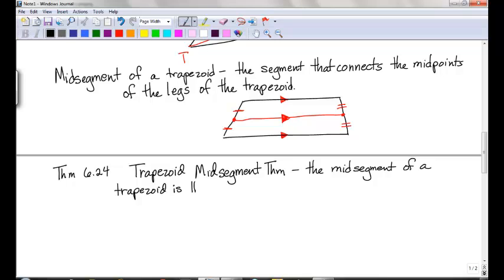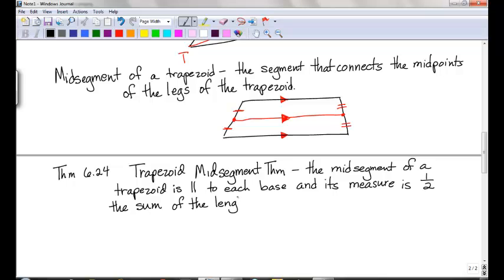It's parallel to each base, and its measure is 1/2 the sum, keyword sum, of the lengths of the bases.